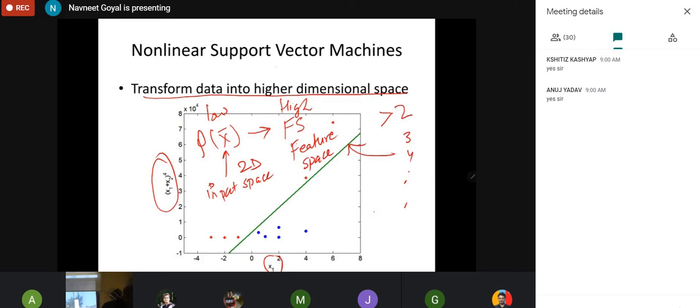And if you recall our discussions on curse of dimensionality, when you move to high dimensional space, you are facing problems related to curse of dimensionality. So does it make sense, or is it a good idea to be doing all of this just because you want linear separability between the data?